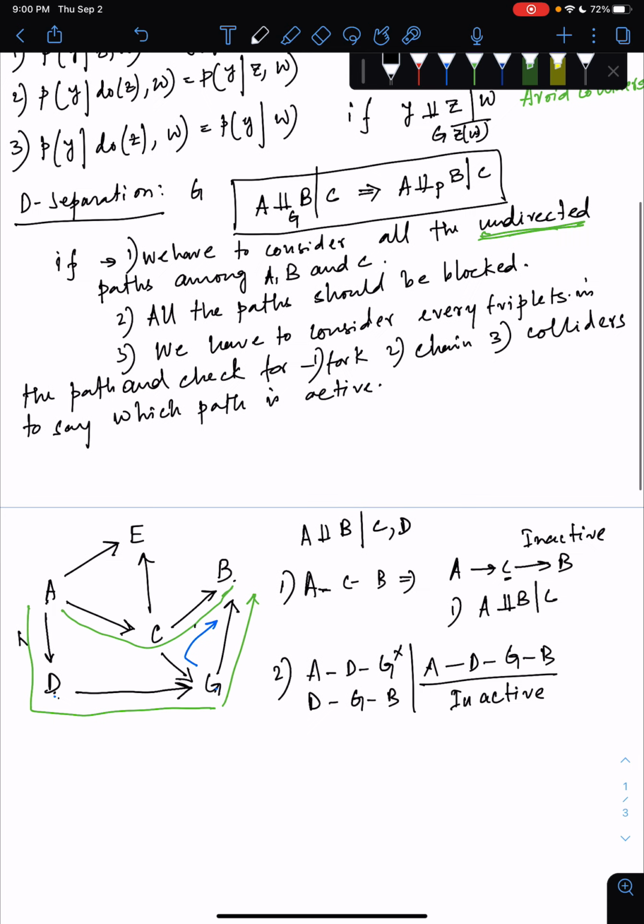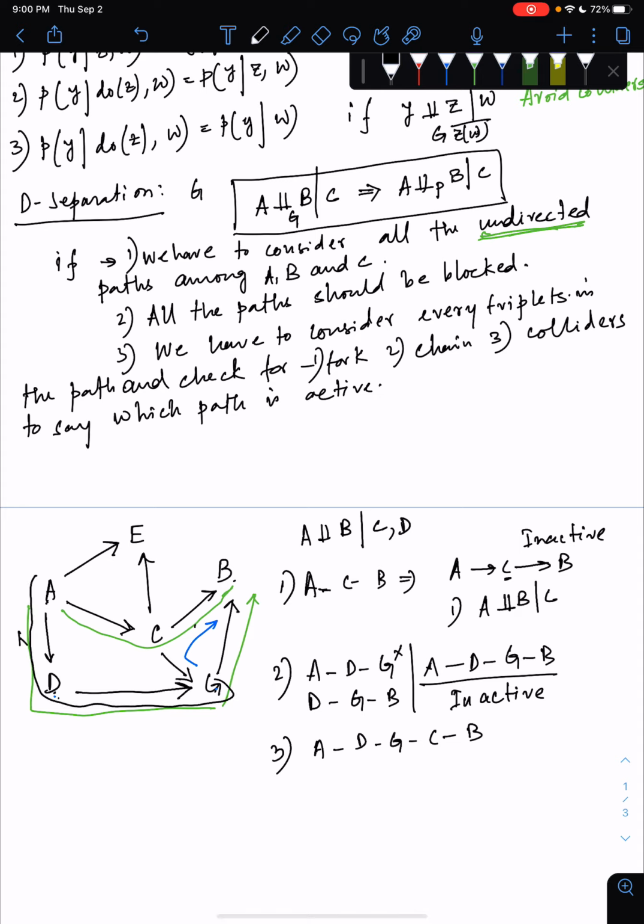We have to check this third path: A, D, then G, then C, then B. Again, we are conditioning on D. Information would flow from here to here, but this is a causal chain and we have to consider every triplet.